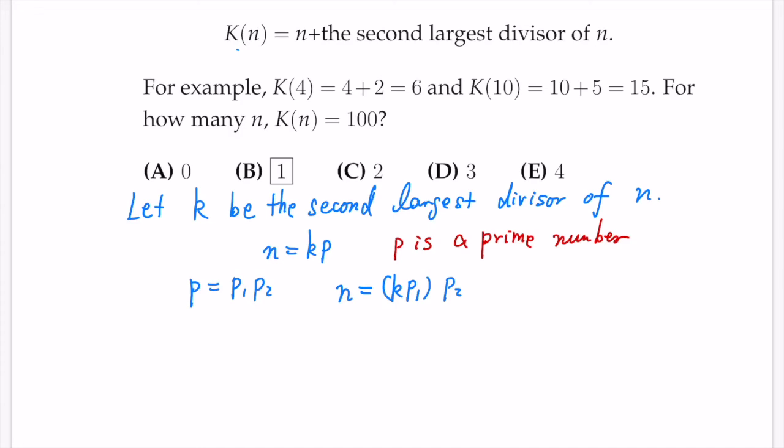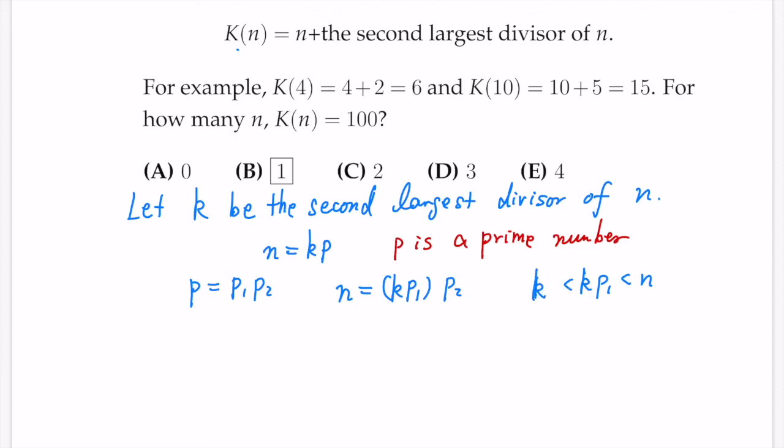So first, since p2 is not equal to 1, k times p1 is strictly less than n. And second, since p1 is not equal to 1, k times p1 is strictly bigger than k. So we have the following inequality: k p1 is strictly less than n and strictly bigger than k.